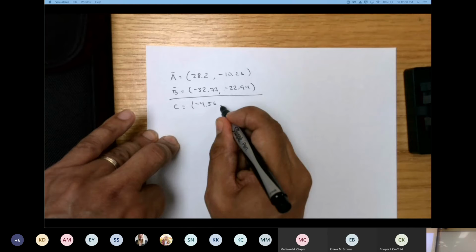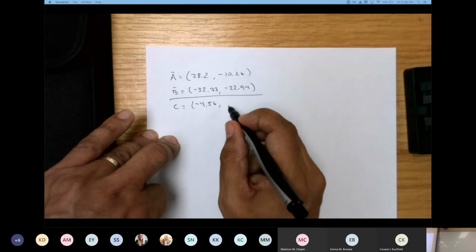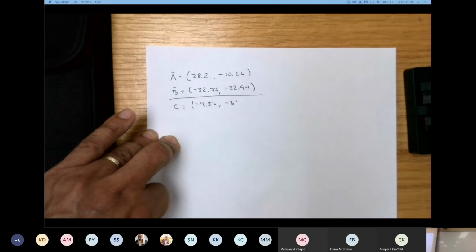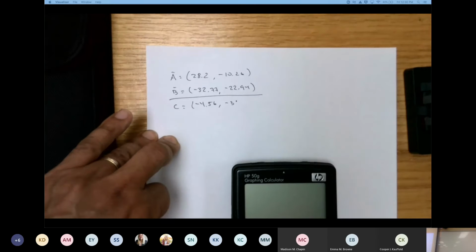And for this one, we have negative 33.2.